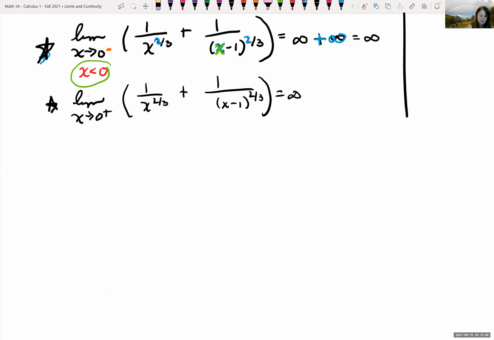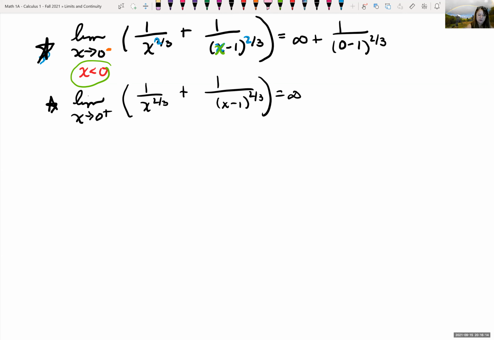The first piece we said was positive infinity. The second fraction though, plugging in 0 for x, I get 0 minus 1 raised to the 2/3.